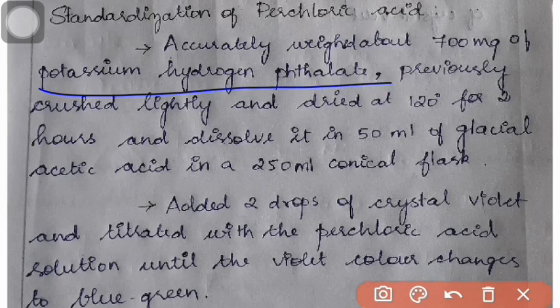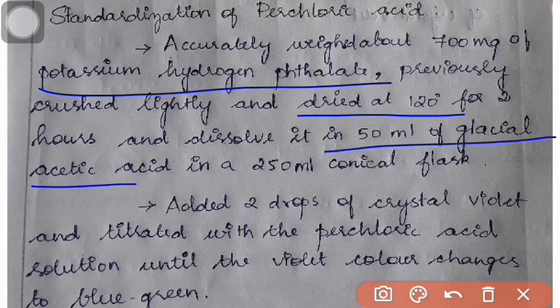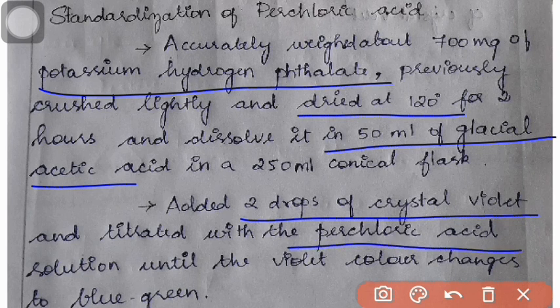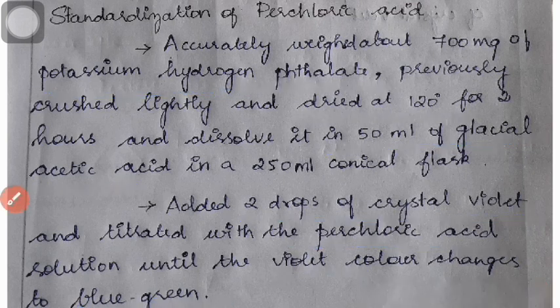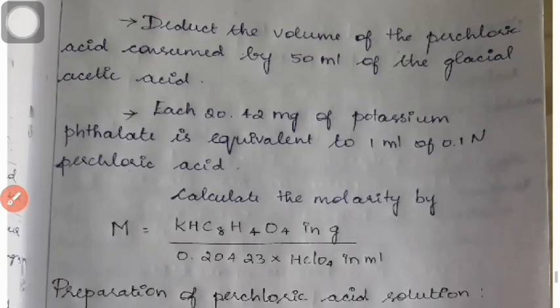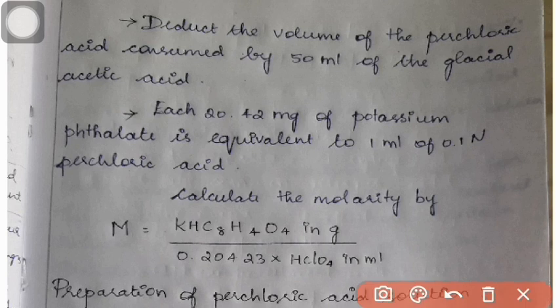The potassium hydrogen phthalate has to be dried at 120 degrees centigrade for 2 hours, and it is dissolved in glacial acetic acid, and then crystal violet in acetic acid is used and titrated with 0.1 N prepared perchloric acid till the violet color changes to blue green color. Now we have to perform the blank.